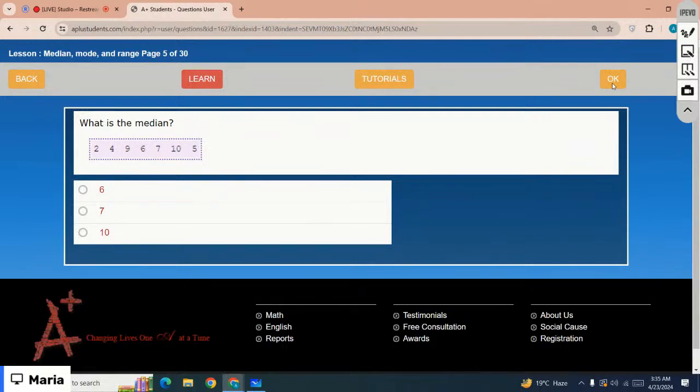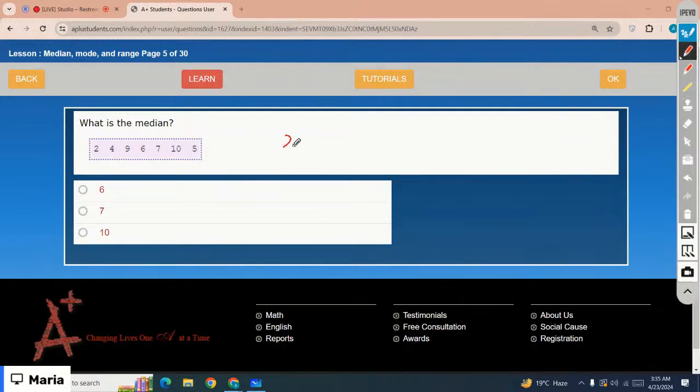What is the median? Okay, let's just arrange these numbers from least to greatest. So that is 2, 4, 5, 6, 7, 9, and 10. 1, 2, 3, 4, 5, 6, 7. Which is the median? Yes, very good. 6 is the median, right?